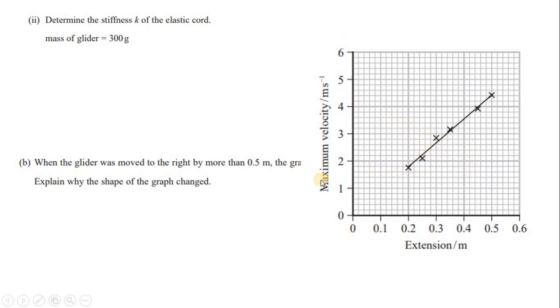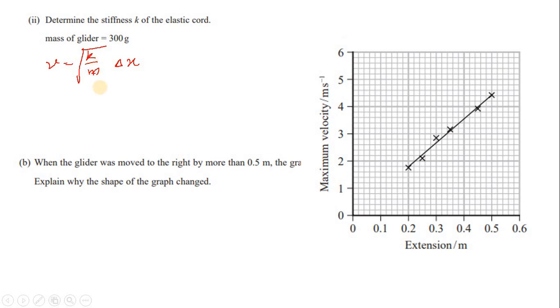How do you find the stiffness using the graph? Now, the situation is, v is equal to root of k by m times delta x. That's what we proved here. And now if you need to find k here, you need to make k the subject.